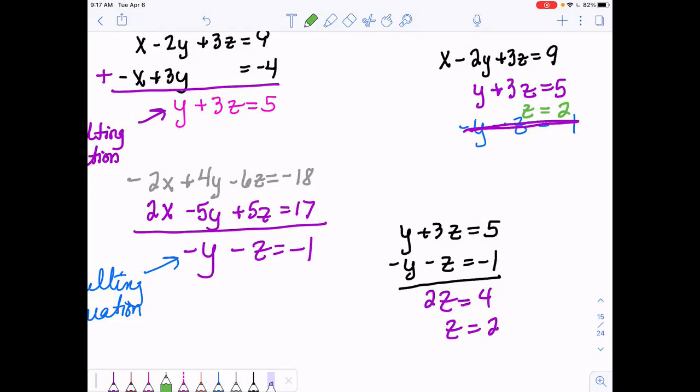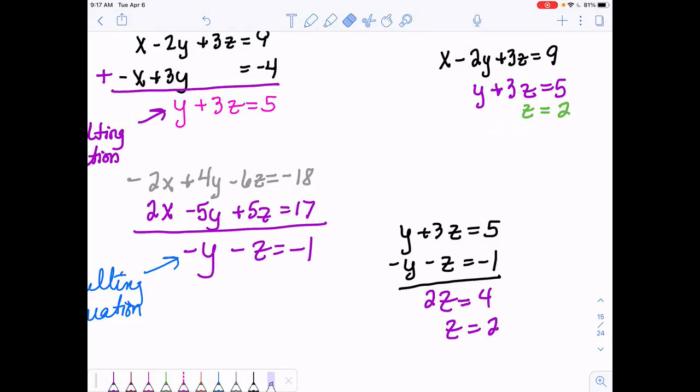So we used elimination 3 times. There were 3 equations and 3 variables. So the number of variables kind of depicts the number of times that you will have to use elimination. So if you look at the equations, we have x minus 2y plus 3z equals 9, y plus 3z equals 5, and now we have z equaling 2 because we found the third variable.